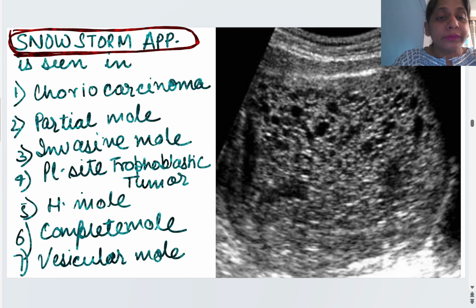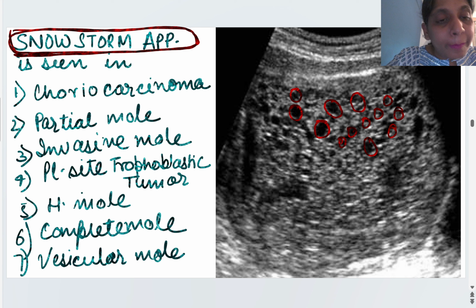See here, this is snowstorm appearance. See, what is this? These are nothing but villi which have engulfed the water, and they look like small or large cysts. What is snowstorm appearance? You all know that on ultrasound, fluid or water looks black, and this placental tissue looks white.